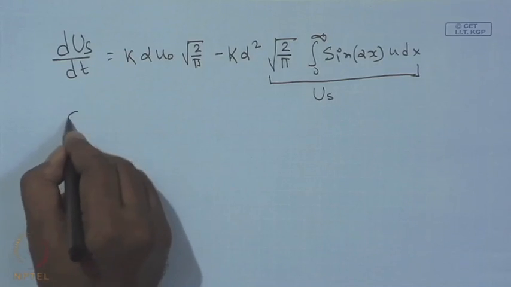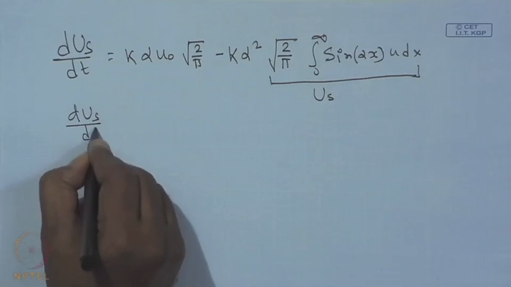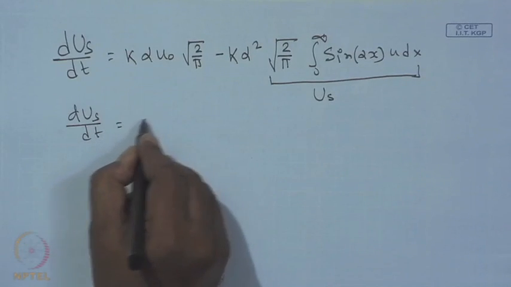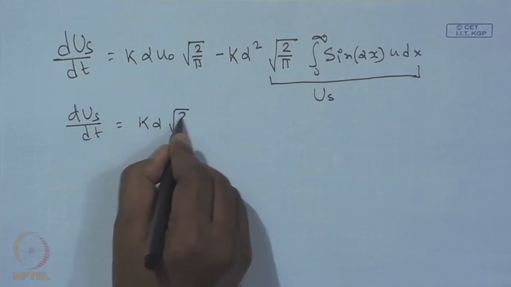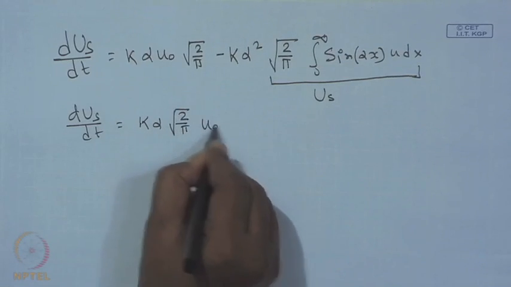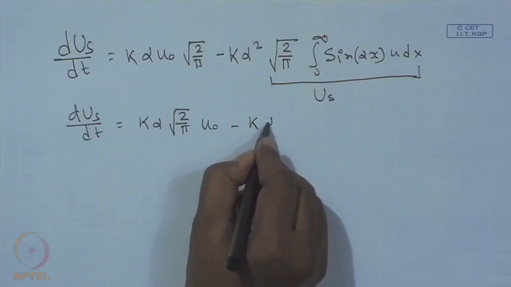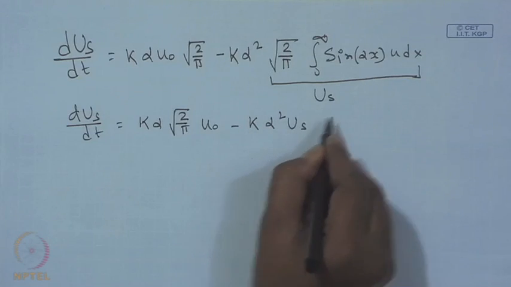So, d u s dt is equal to k alpha root over 2 by pi u naught minus k alpha square u s.